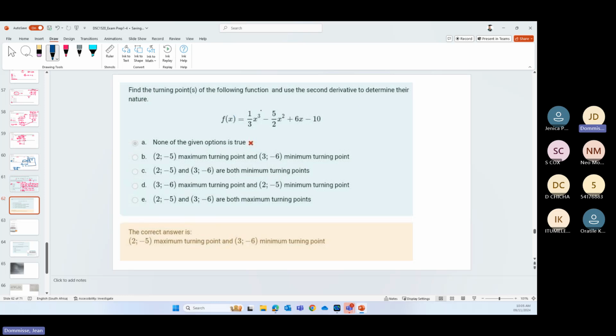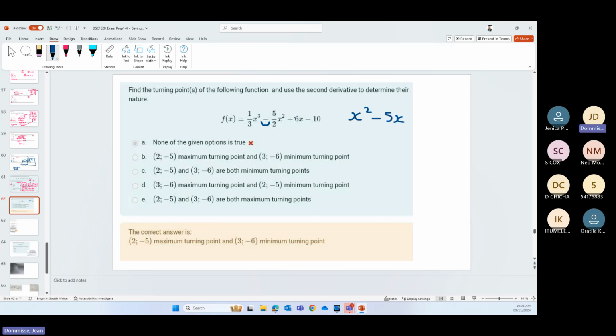So when we differentiate, it means the 3 goes to the front, then it's 3 minus 1. So 3 times 1 over 3 is 1, and we end up with x to the power of 2. Then the sign is negative, so it stays negative: 2 times 5 over 2, the 2s disappear, so we sit with minus 5x.